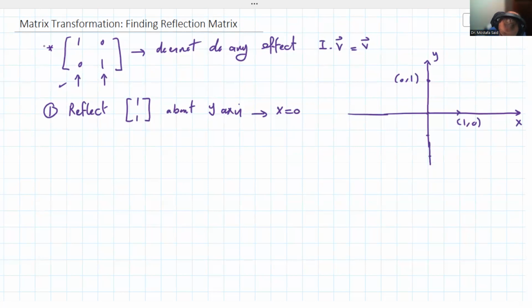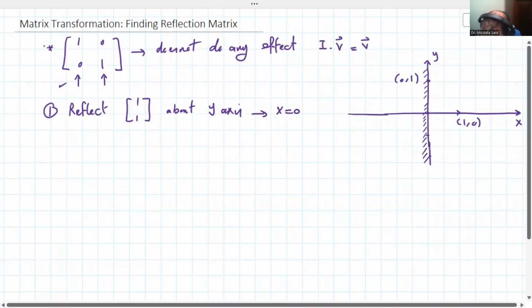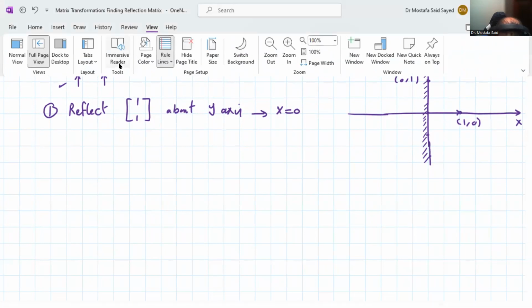So we're going to apply the reflection and see how to get the transformation matrix out of that. We want to reflect around the y-axis, so imagine the y-axis as a mirror and reflect about this mirror.